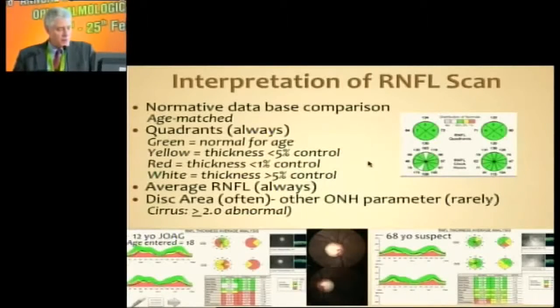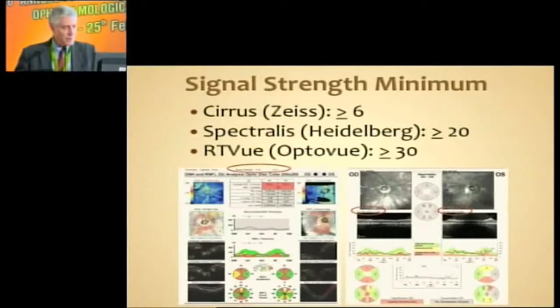Greater than 2.0 disc area is abnormal, and this is very helpful for identifying patients that have large discs. It's a congenital anomaly. It's very common, and if you see a patient that has large cups, but they have large discs as well, and the neurofibrillary analysis is normal, that's essentially a normal person. But they may have very large cups, so it's quite useful to have the OCT information to see that.